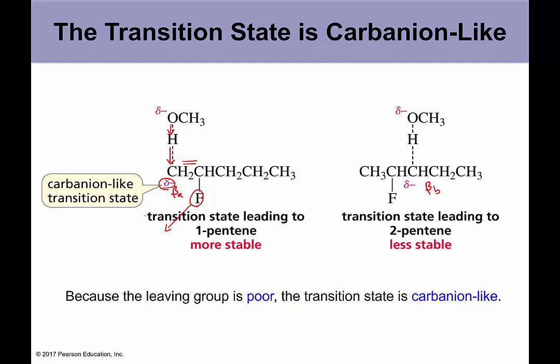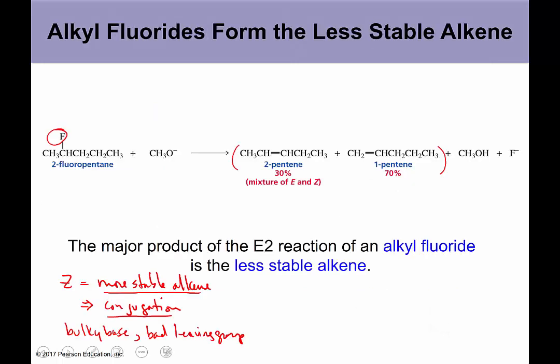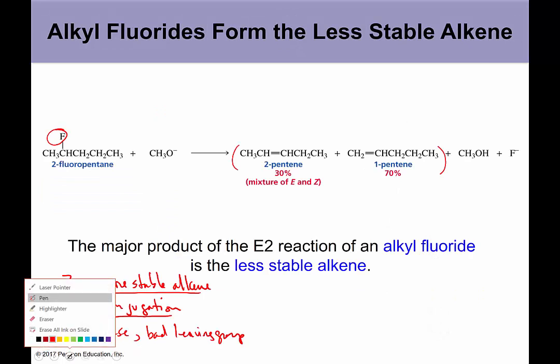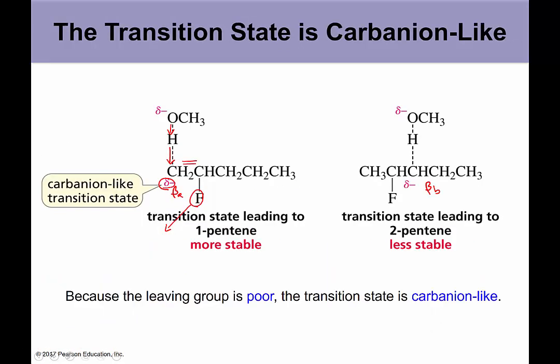And if you remember a discussion from carbocations, more substituted carbocations are more stable, and then we talked about carbanions. For carbanions, the less substituted carbanion tends to be the more stable one. So with a bad leaving group, you have a carbanion-like transition state, which leads to a less substituted alkene.